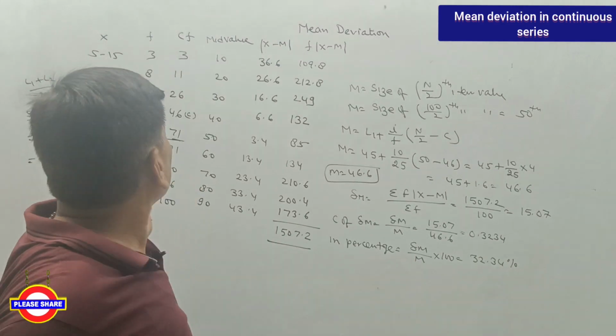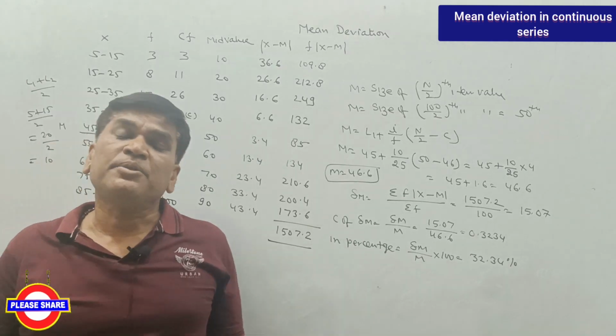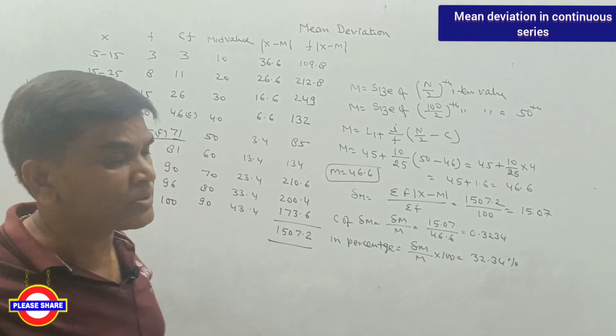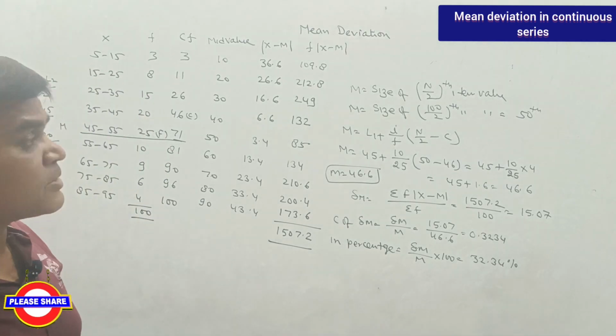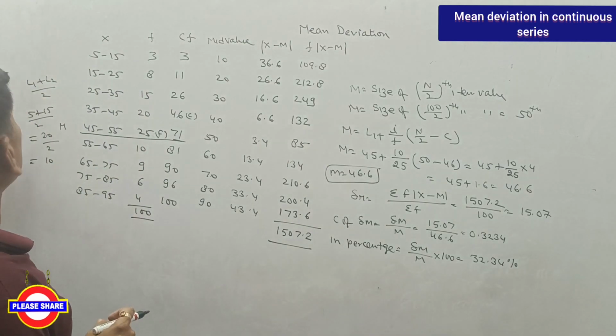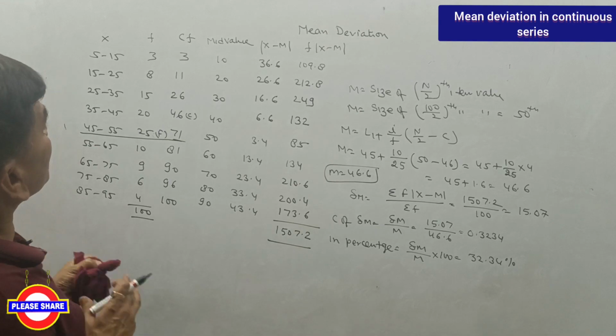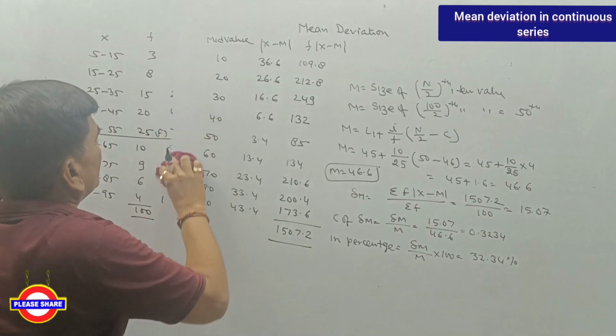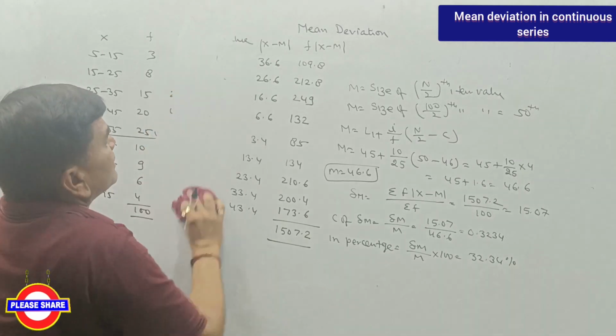Secondly, for the same question, we have to calculate mean deviation with the help of the arithmetic mean also. So now, second question, we have this value and require this value. CF is not required.